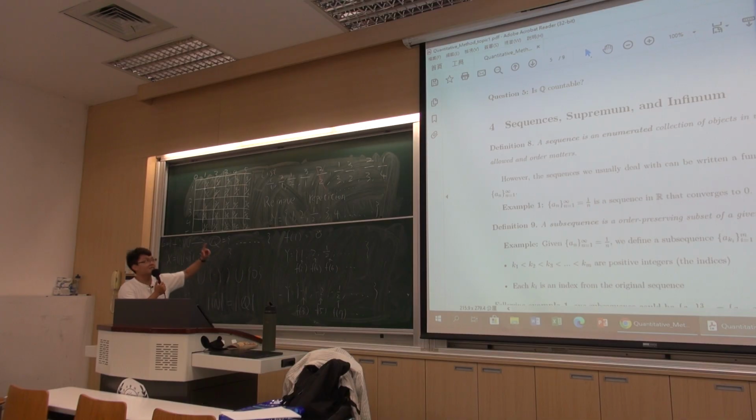Okay, so how to say that? In this way, it is easy to write down the list in a way that you are not going to repeat and you are not going to miss any numbers in the rational numbers. Okay, so I guess that is the reason here.